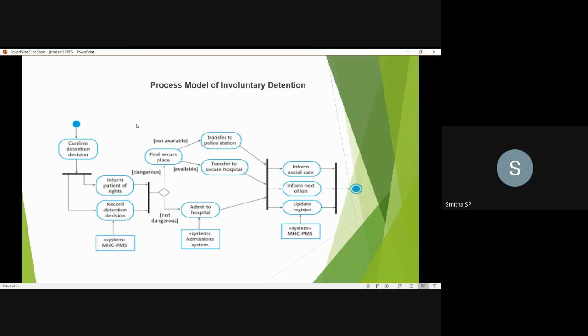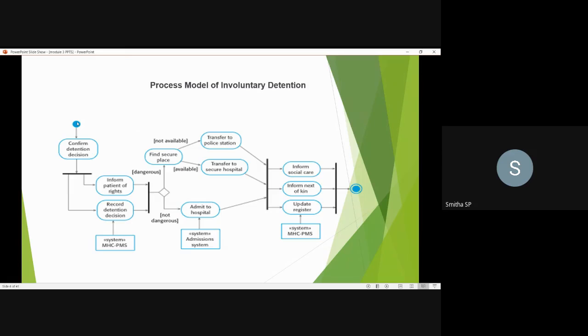This activity diagram shows the activities in the process. The start of the process is indicated by the filled circle. You can observe a blue filled circle; it represents the start of the process.